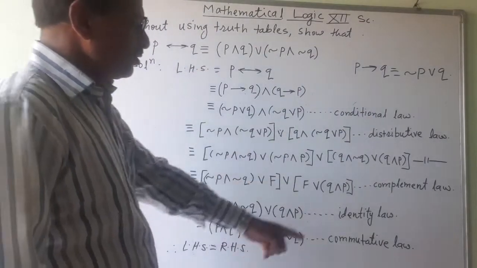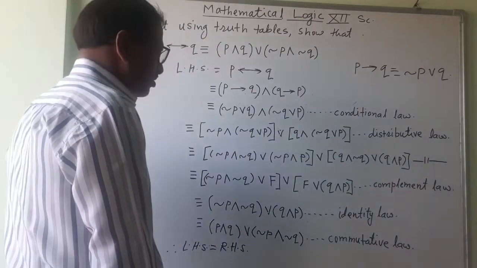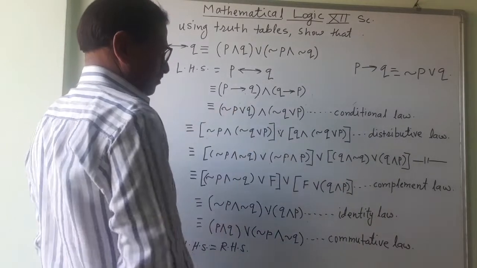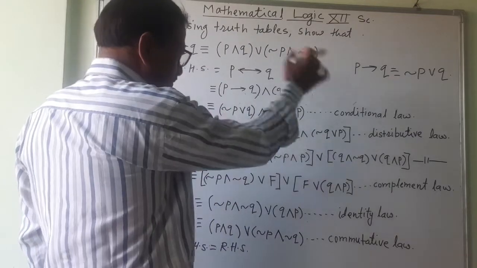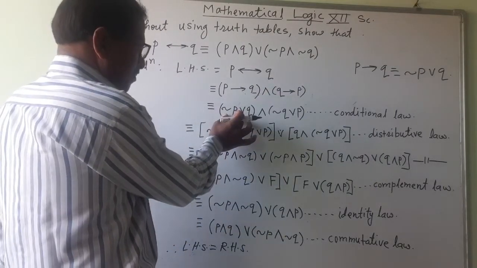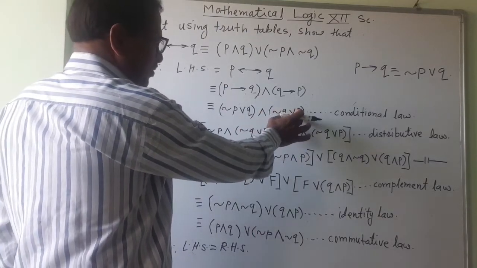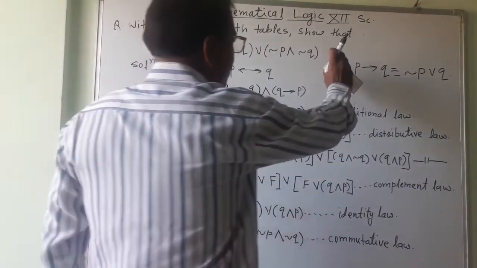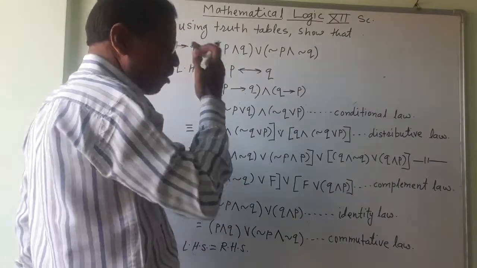Now, here it is the distributive law. What is that distributive law? That also I will tell you. Here it is negation P. By this negation P, distribution is done on this bracket: negation P and negation Q, or P. How difficult is it?